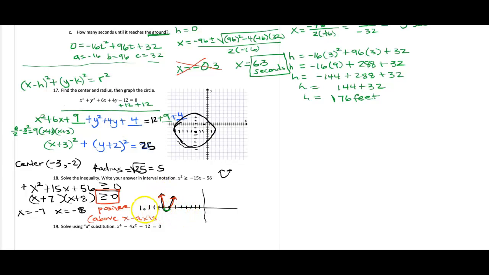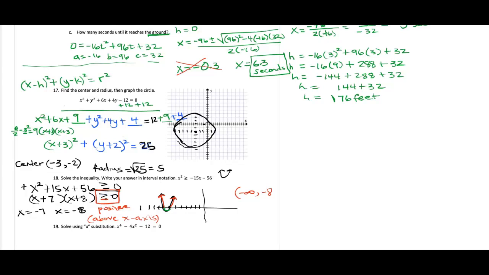When I'm thinking about how to write that out, this is going clear out to -infinity for my x's. So my answer is going to be -infinity to -8. And it includes it because it has that equal to part.